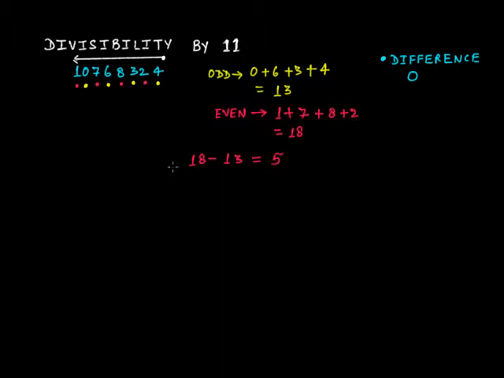If this difference comes to 0, then this number itself will be divisible by 11, or if the difference is divisible by 11.